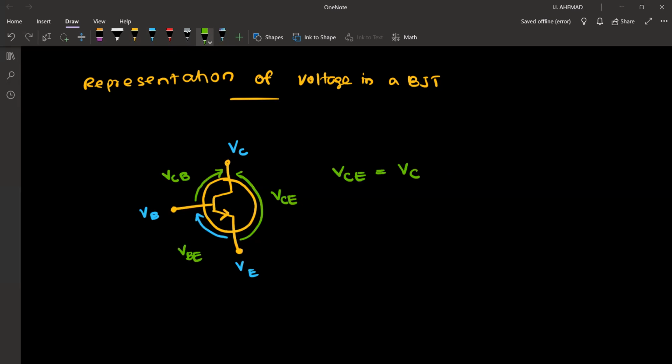Sorry, this is B, right? Voltage of C with respect to B plus voltage of B with respect to E. Okay. CB, BE, if we add these two together, it should give the voltage across VCE.